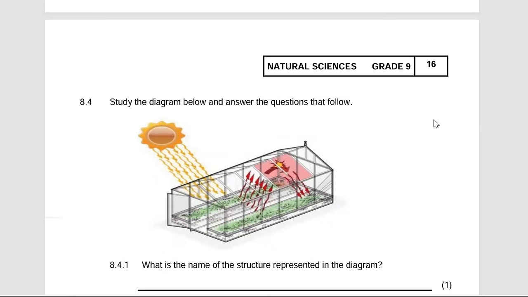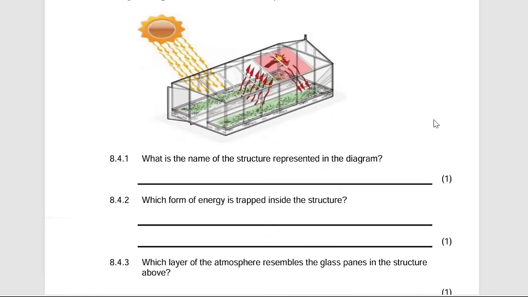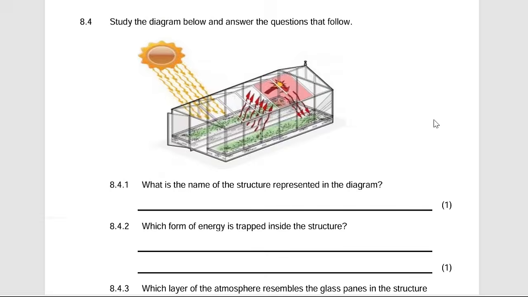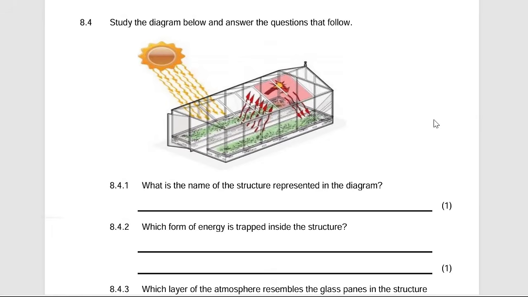Then we're going to proceed to 8.4. So 8.4 reads, study the diagram below and answer the questions that follow. What is the name of the structure represented in the diagram, right? So we can see we have plants, and then there is some sort of roof, and the energy, once it goes through, is going to be trapped, right? If it's like this, we refer to it as a greenhouse.